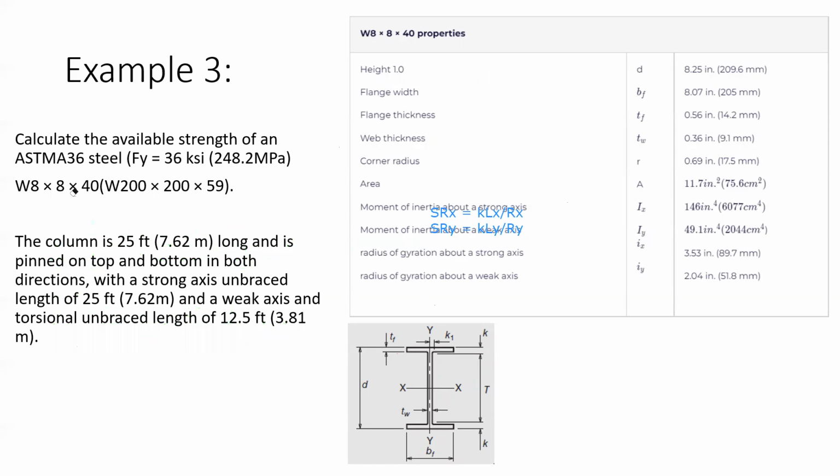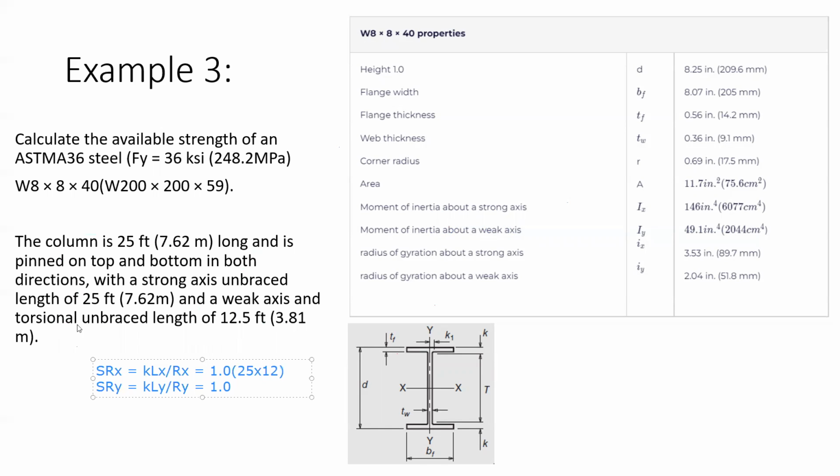Ayan. So, balikan natin yung given kanina. So, K natin, since pinned at top and bottom, that is 1.0 for X and also 1.0 for Y. LX natin, that is 25 feet. And then we multiply that to 12 inches para maging inches siya.